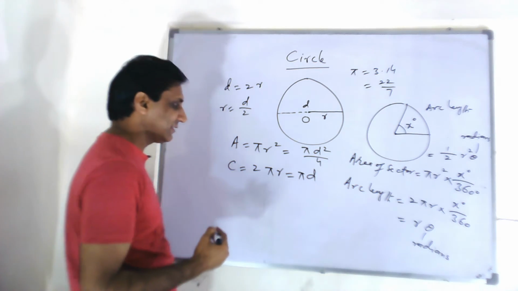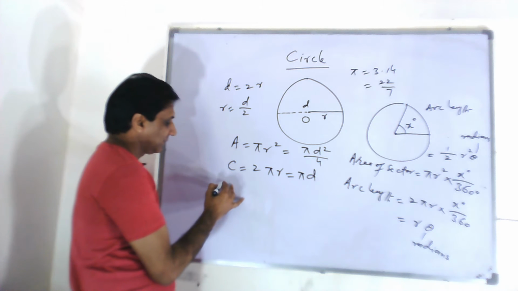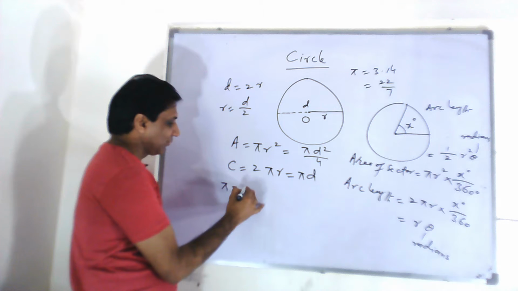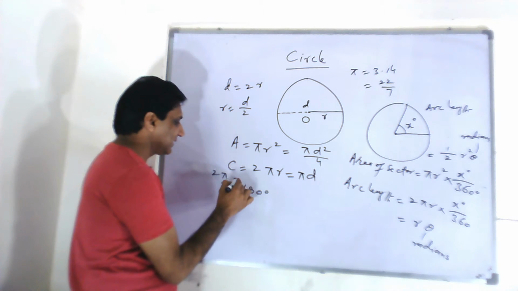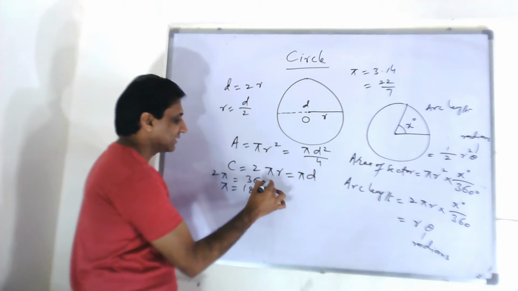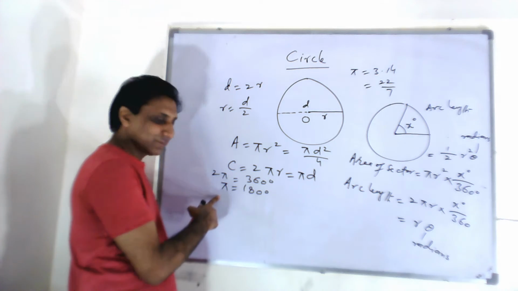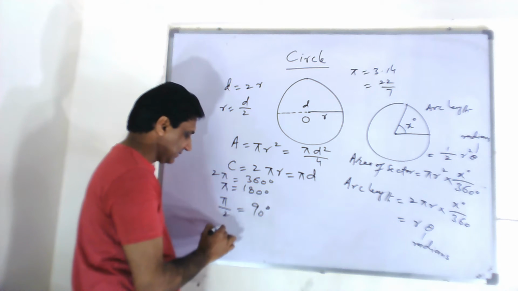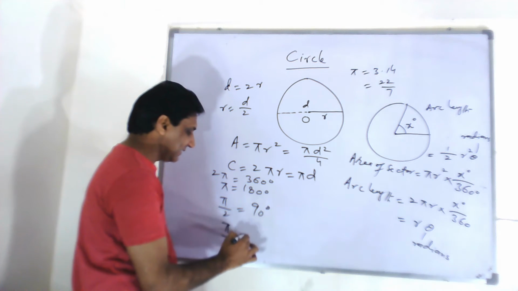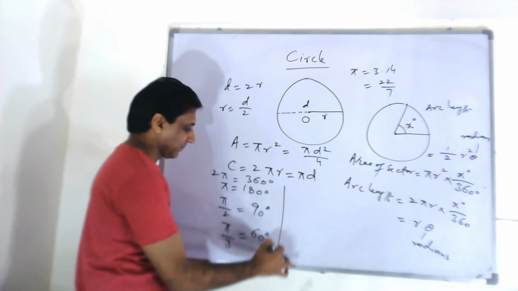Like in radians, pi is equal to 180 degrees and 2 pi is equal to 360 degrees. So pi over 2 is 90 degrees and pi over 3 is 60 degrees.